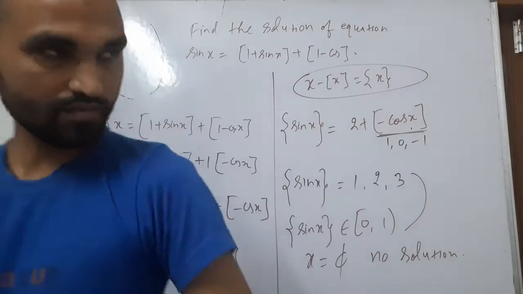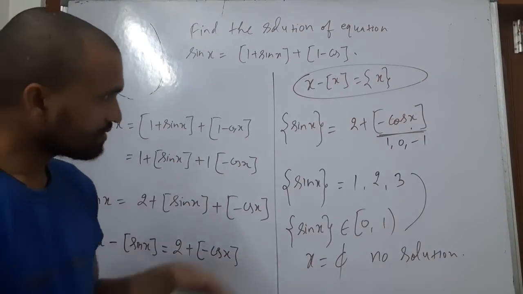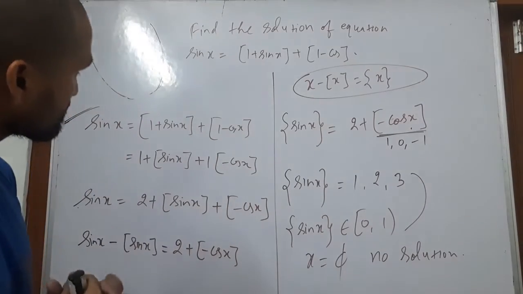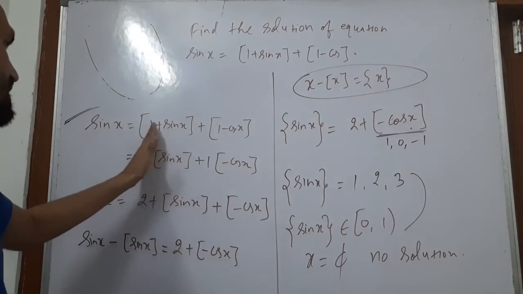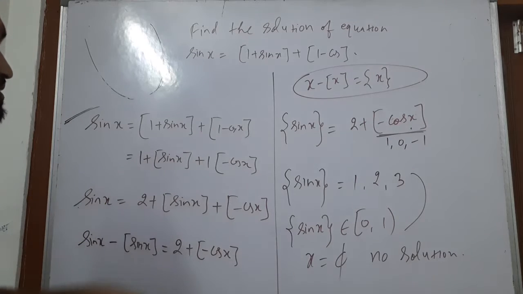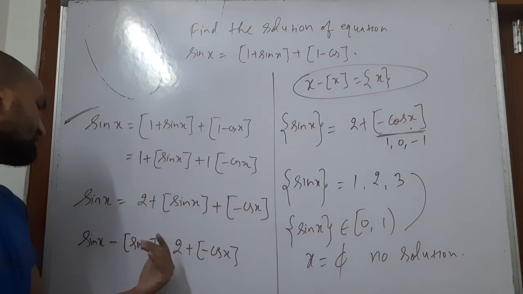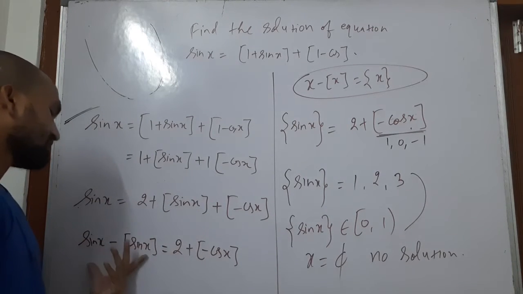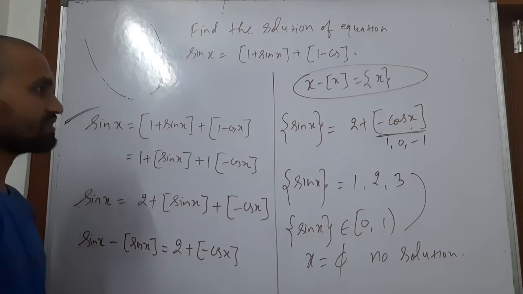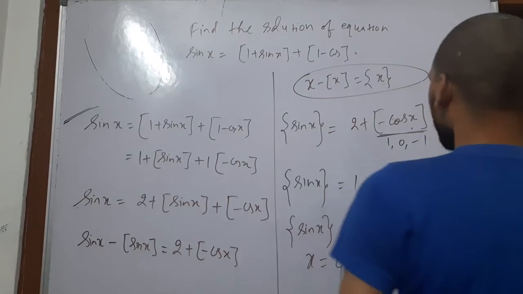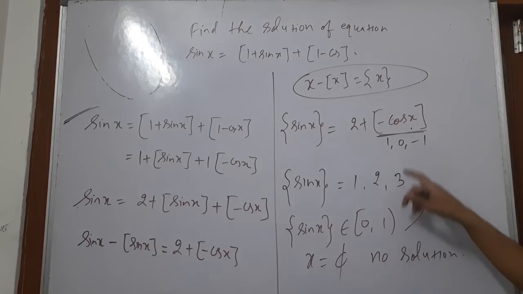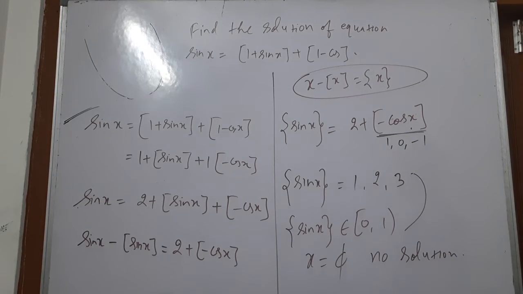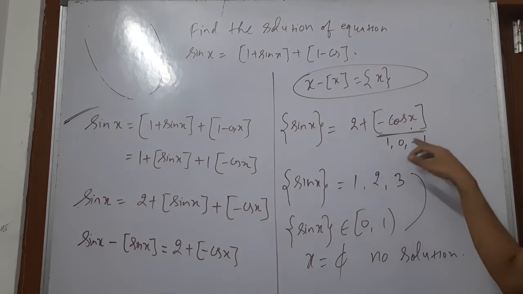Okay students, now let us recap this solution. As we know that an integer value can be taken out, we have taken plus 1 from both the integer signs, so it is plus 2, and now we have taken the greatest integer of sin x to the side of sin x. Sin x minus greatest integer of sin x is the fractional part of sin x, plus 2. Now what are the possible values of this greatest integer of cos x? Possible values are 1, 0 or minus 1. No values are possible other than these.